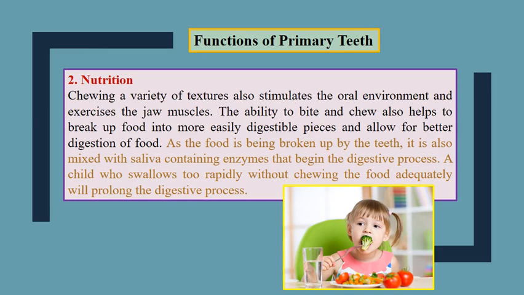A child who swallows too rapidly without chewing the food adequately will prolong the digestive process. هنا ملاحظة مهمة جدا، عملية ابتلاع الطعام من دون مضغ بالصورة الصحيحة تؤدي إلى تأخير عملية الهضم، فلذلك تبرز أهمية مضغ الطعام بالصورة الصحيحة لحصول عملية الهضم وعدم تأخرها.